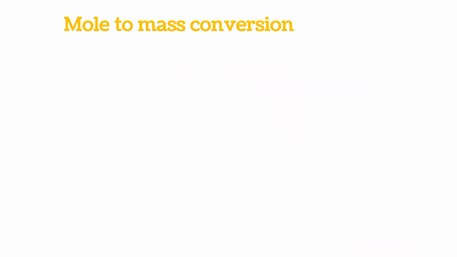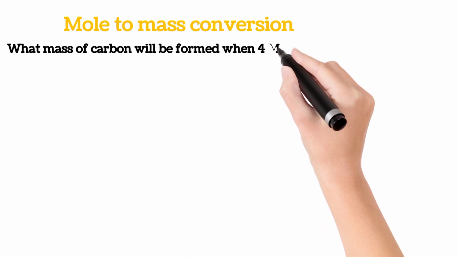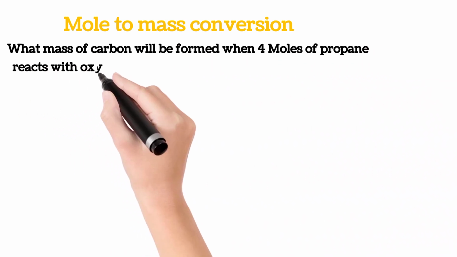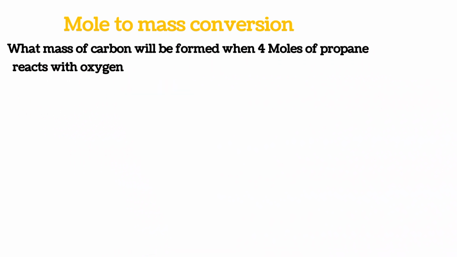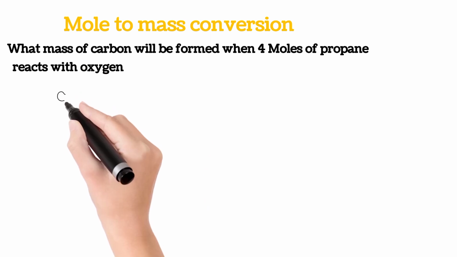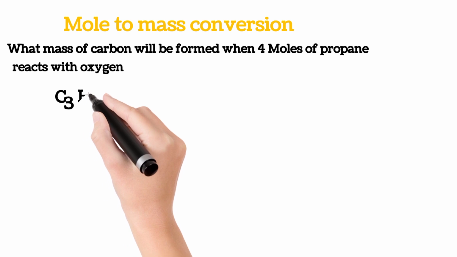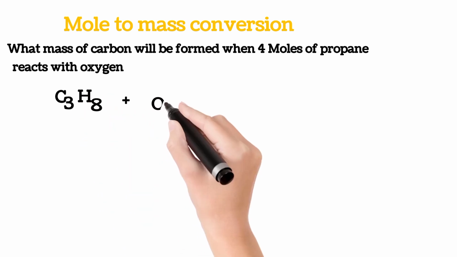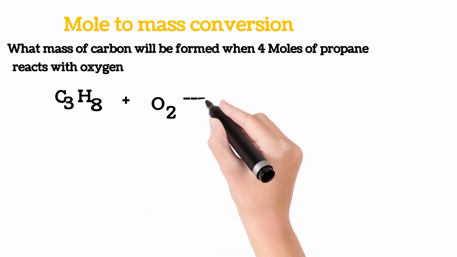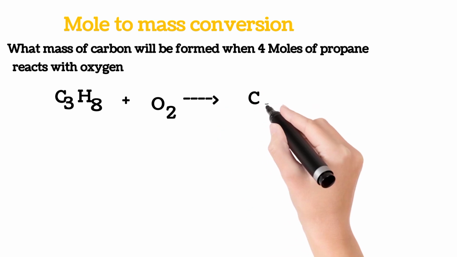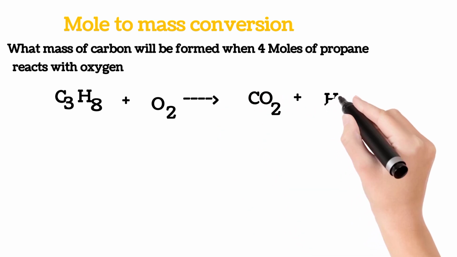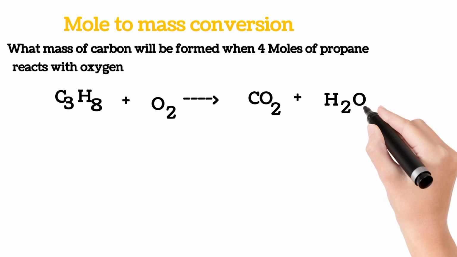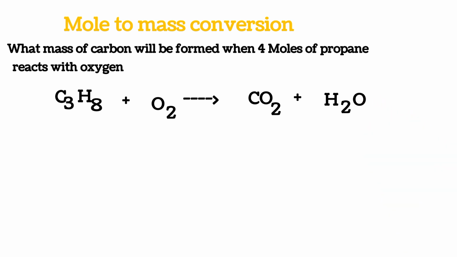Now let's look at mole to mass conversion. What mass of carbon dioxide will be formed when 4 moles of propane react with oxygen? We'll write the equation for the reaction. We have C3H8 plus O2 forms CO2 plus H2O.